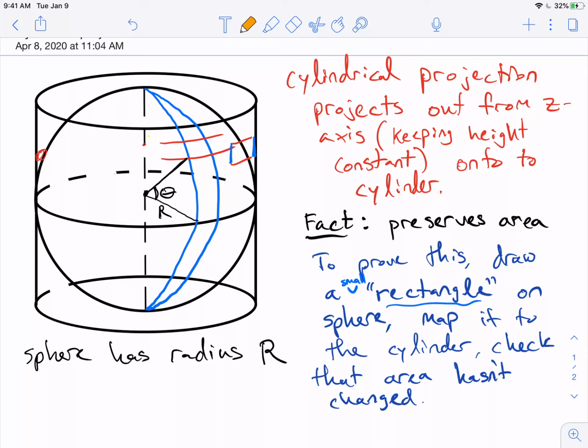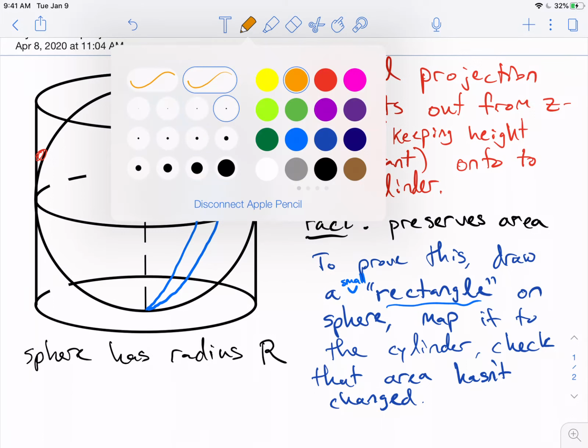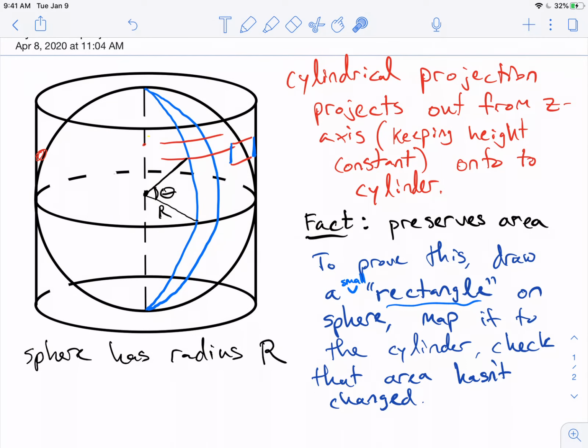In particular, I want to cut this picture with a plane that goes through this longitude line here. On the other hand, if I want to see what happens to the red sides of the rectangle, I can do a horizontal cross section through one of these latitude lines right here. Okay, so let's do the vertical cross section first.